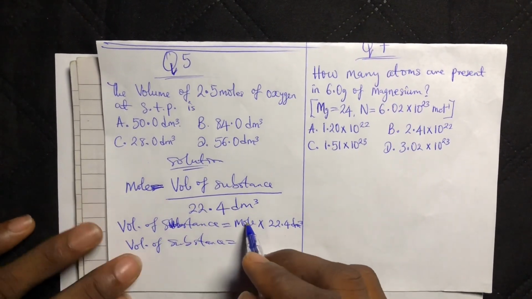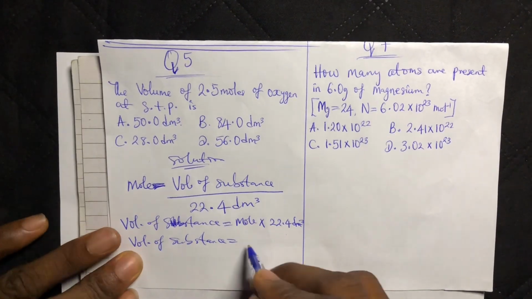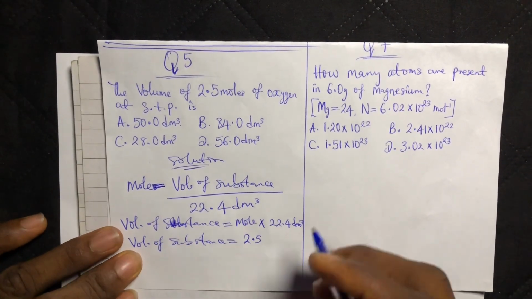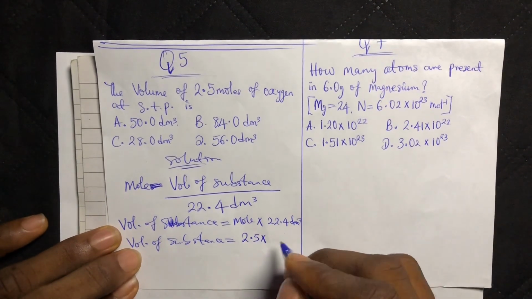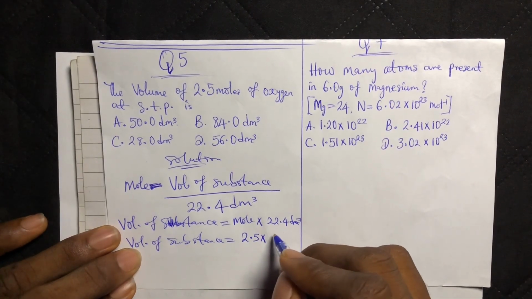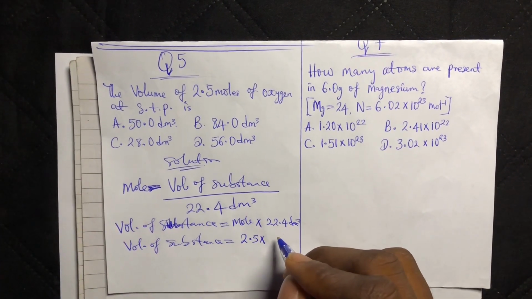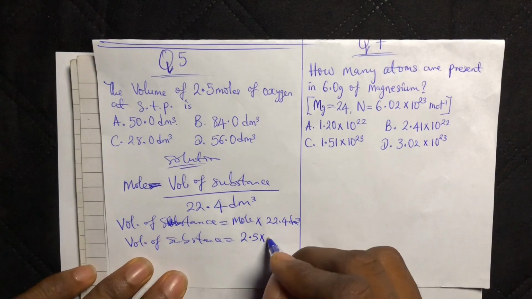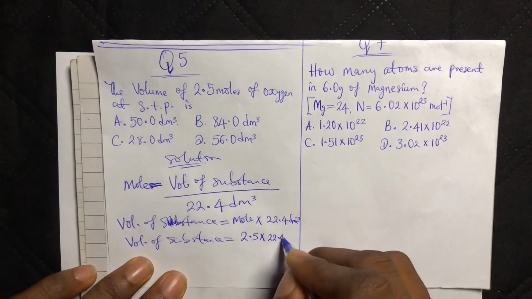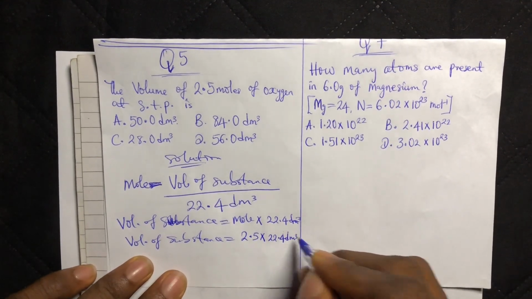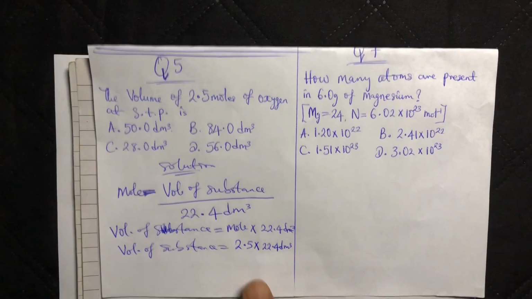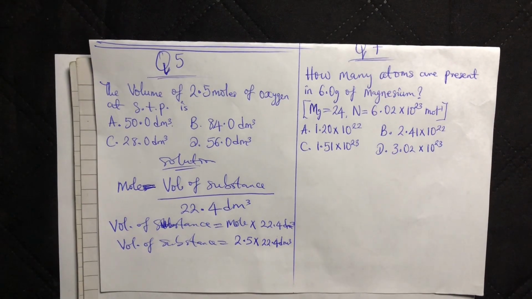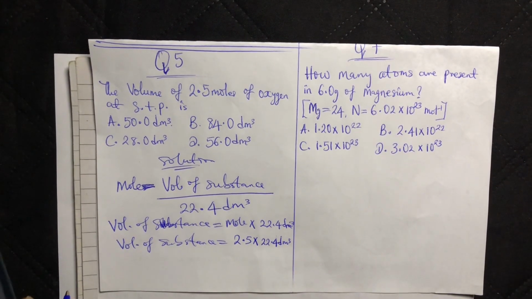equal to, what is our mole? Our mole is 2.5 times 22.4 dm cube. So if you calculate this, 2.5 times 22.4 dm cube is going to give you what?